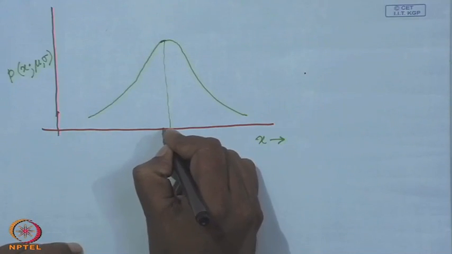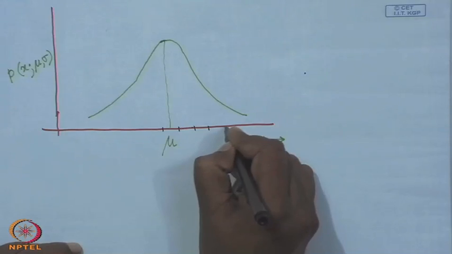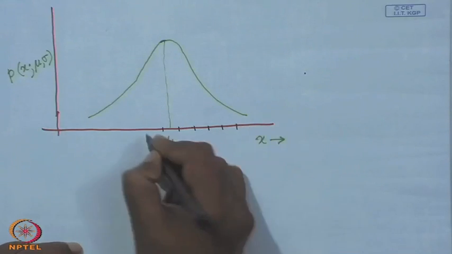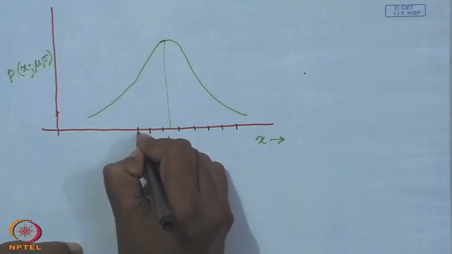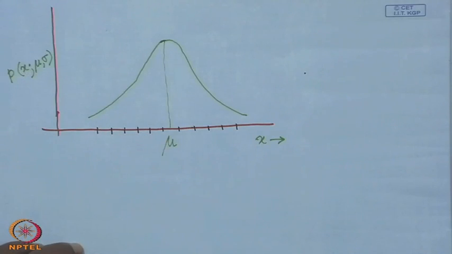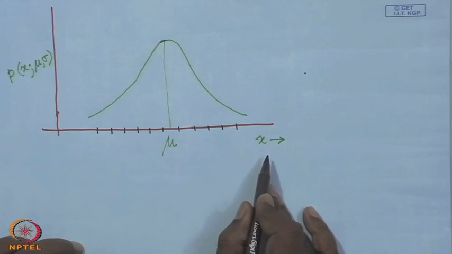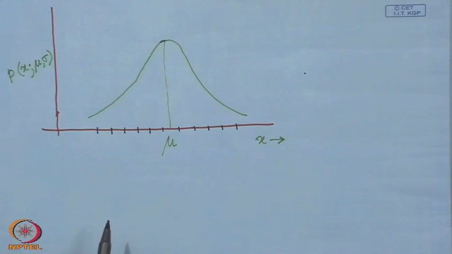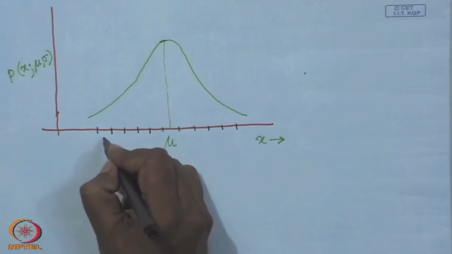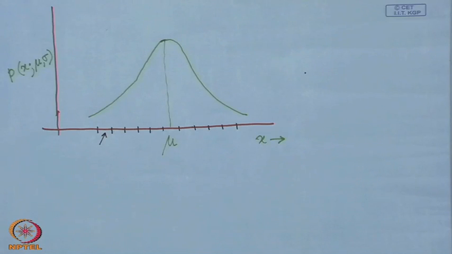I have intervals given like this. So, these are the different intervals in which the x axis or the axis representing the variable is divided. And I assume that in each of these intervals, the probability density is constant.